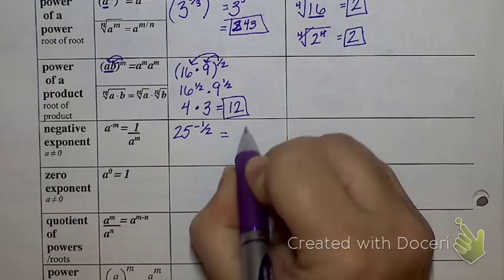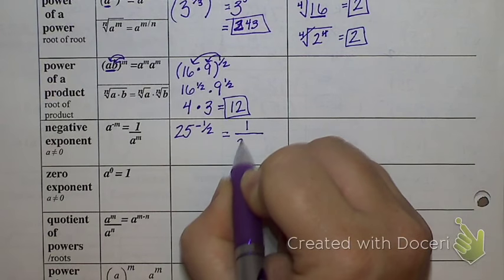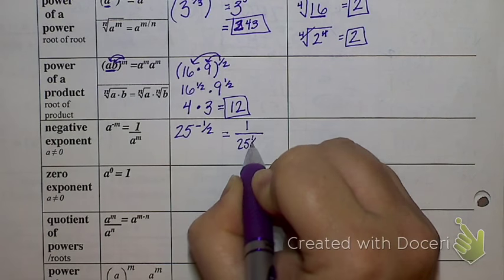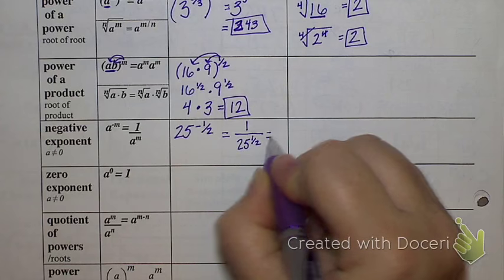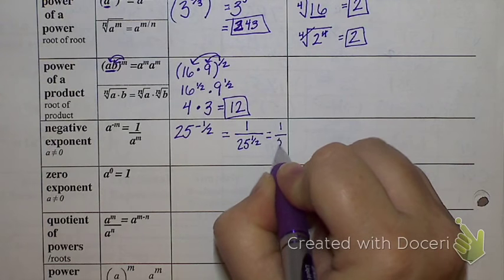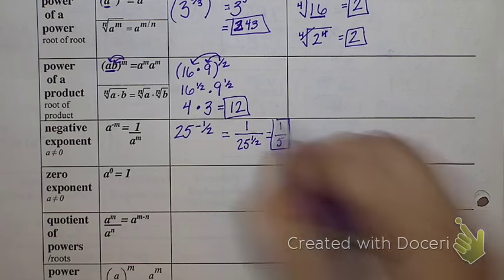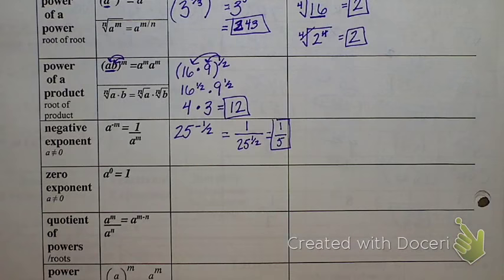That means 1 over 25 to the positive 1/2 power. There's actually no negative in there. Right? And what is 25 to the 1/2 power? So my answer is 1 over 5.